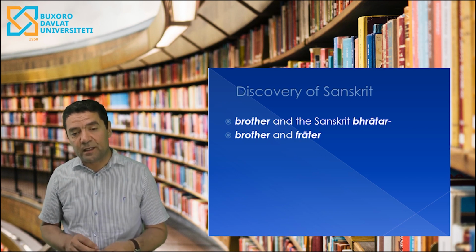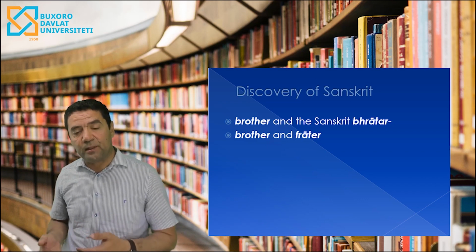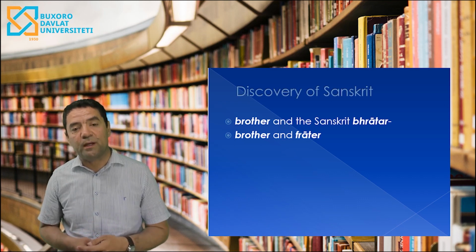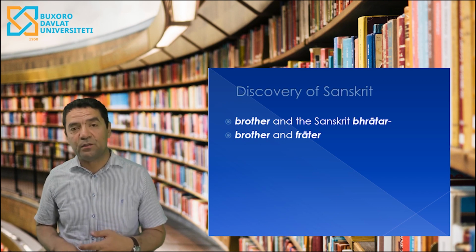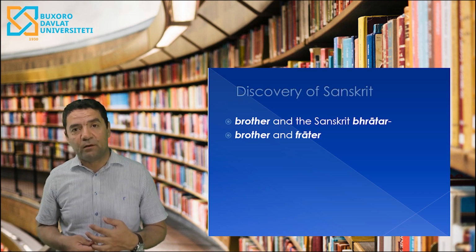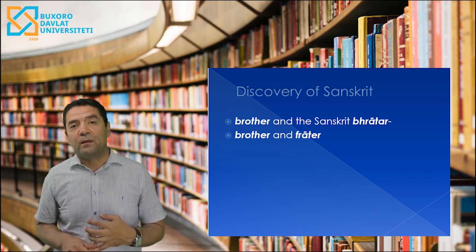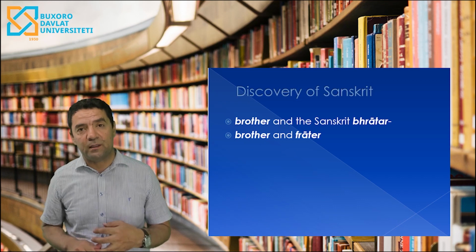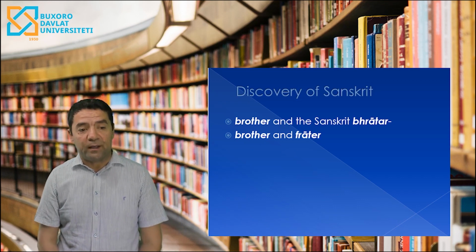That made the scientists bring these languages into one family, and hence the hypothesis appeared that languages brought into relationship by descent or progressive differentiation from a parent language are called a family of languages. That was the result of the discoveries of the beginning of the 20th century and the end of the 19th century. It's a result of the comparative historical method.